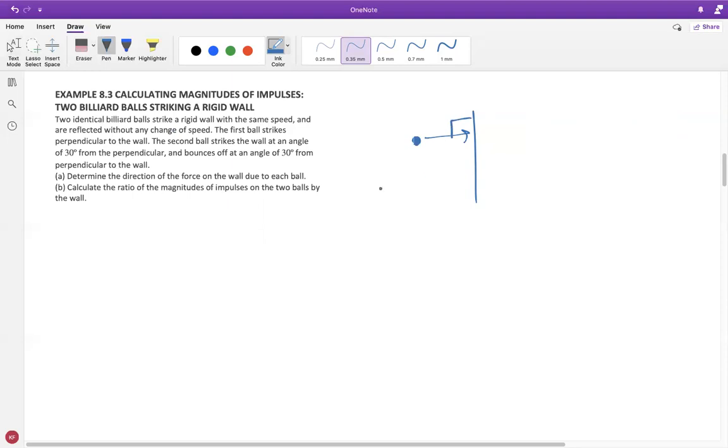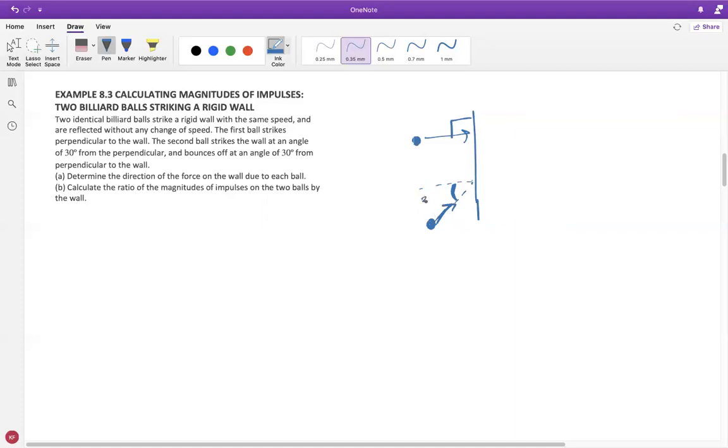Okay, the second one, let me put a little line here, strikes the wall at an angle of 30 degrees from the perpendicular. So let's go ahead and say that that's 30 degrees here. So that's where that ball is coming in.